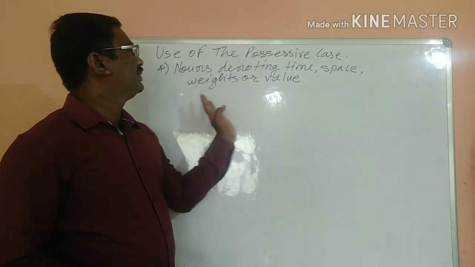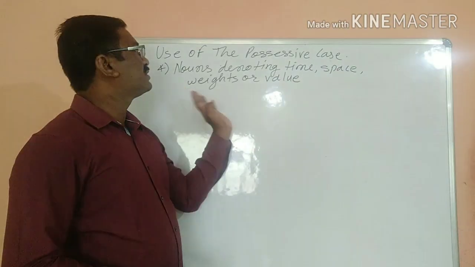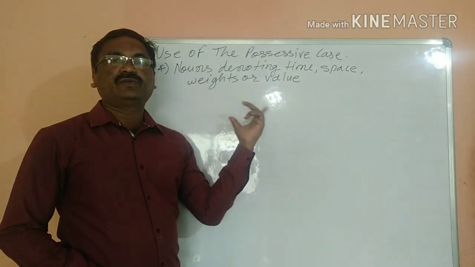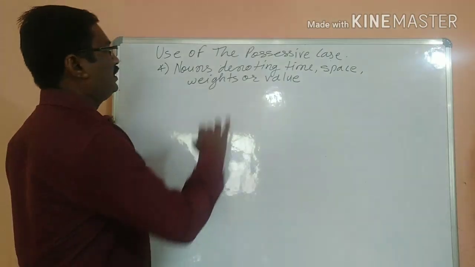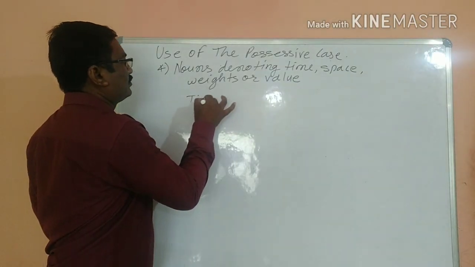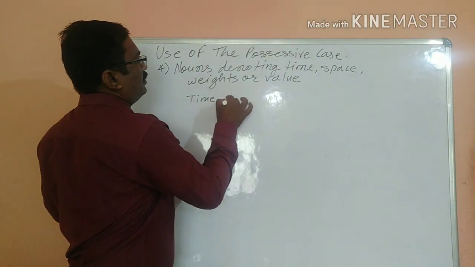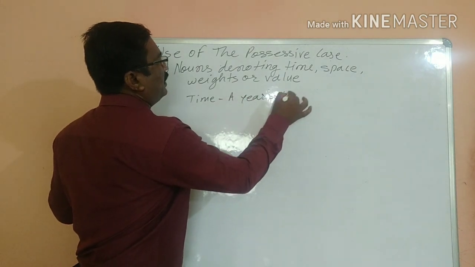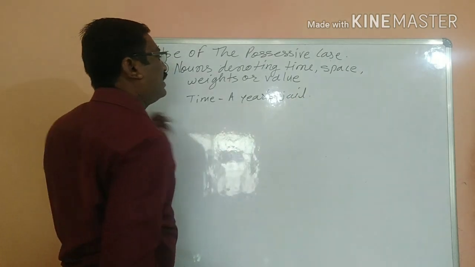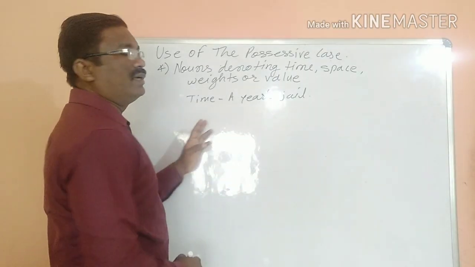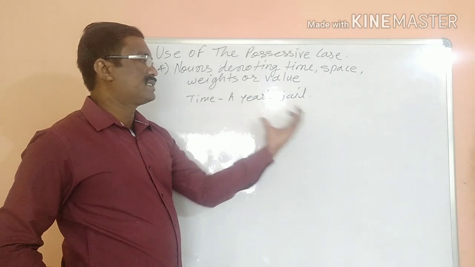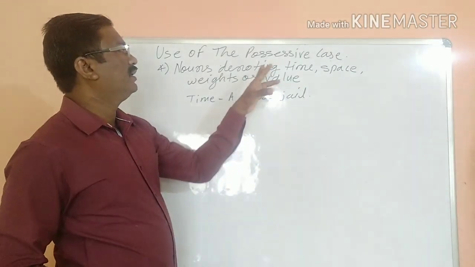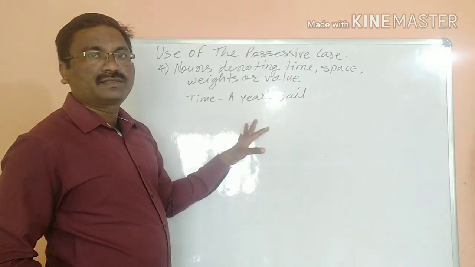Those nouns which denote time, space, weight, value can take the possessive case also. How? If you are saying time, a year's jail, one month's class or one month's period, such words can take apostrophe s.